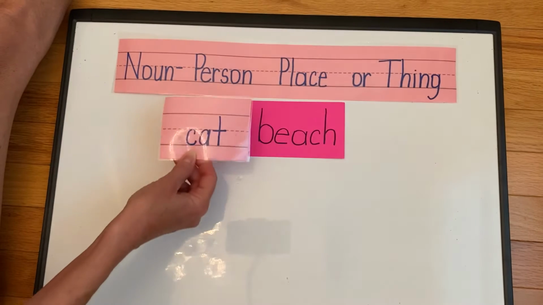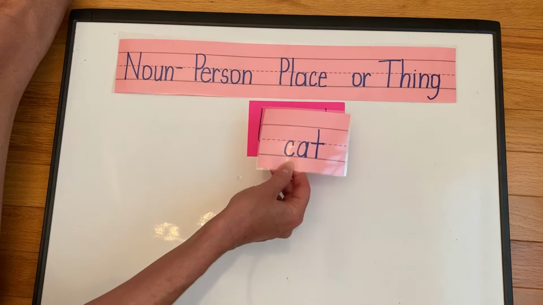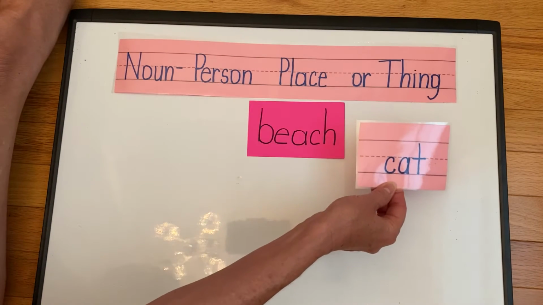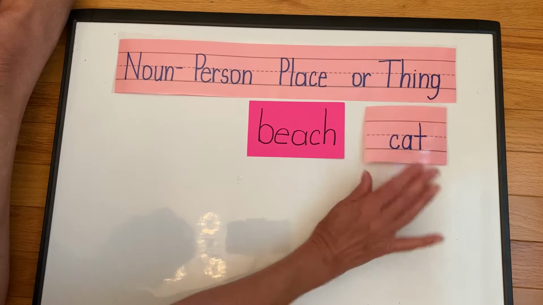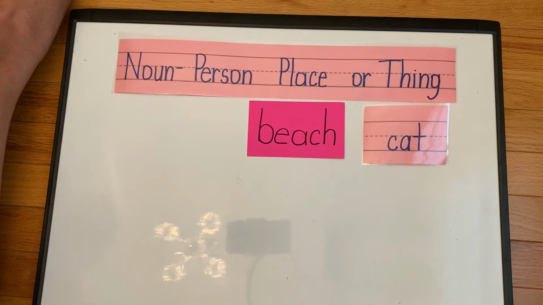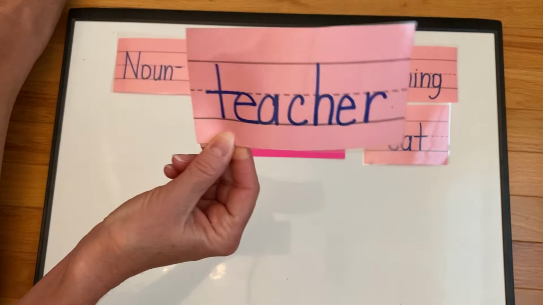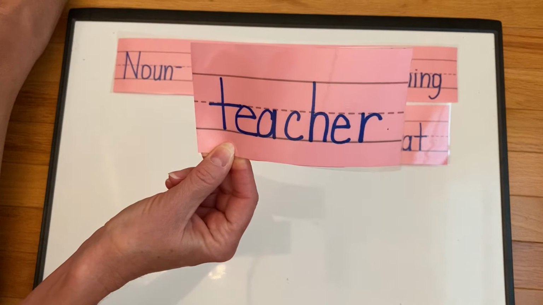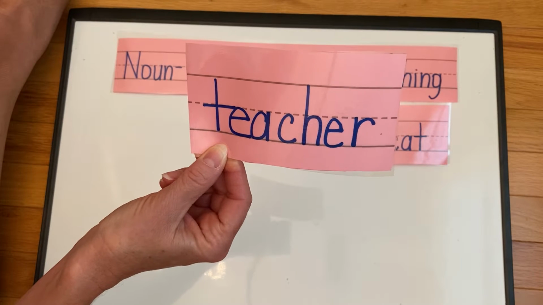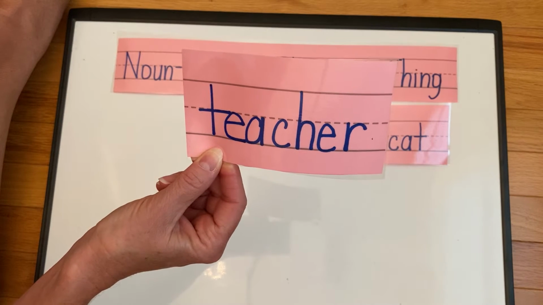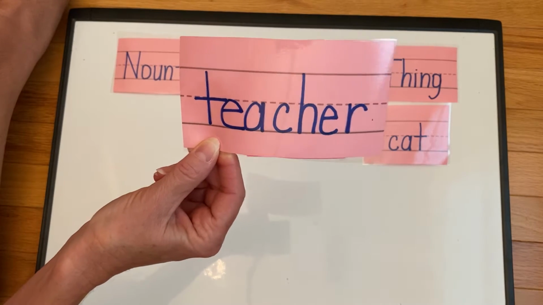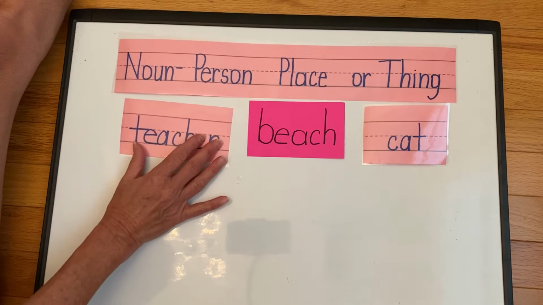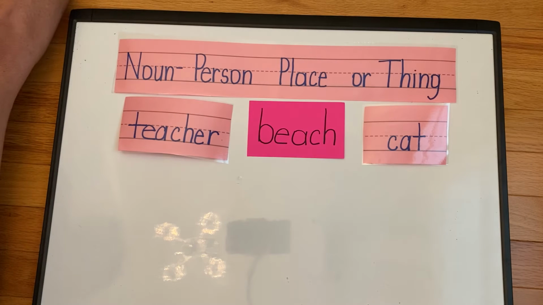Is cat a person, a place, or a thing? That's right, a cat is a thing. What about the word teacher? Is a teacher a person, place, or thing? That's right, a teacher is a person.